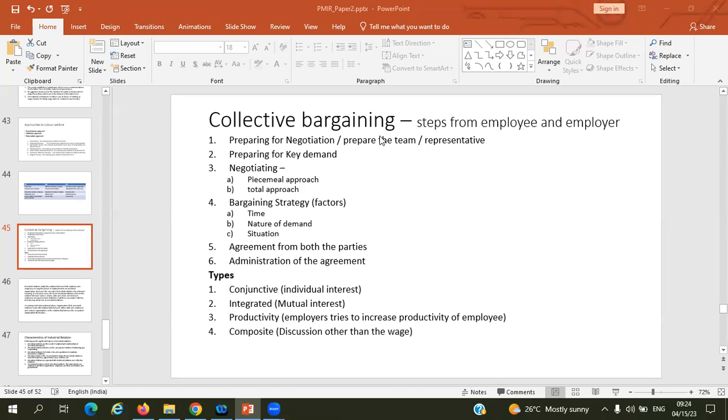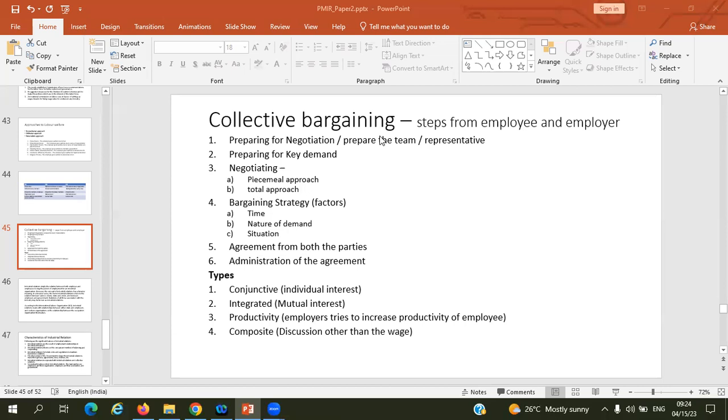Then the agreement will be signed by both parties and circulated to everyone. So everyone should know. That is one step. When you complete your bargaining and negotiating, it will convert into an agreement.